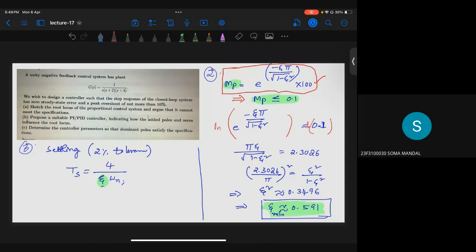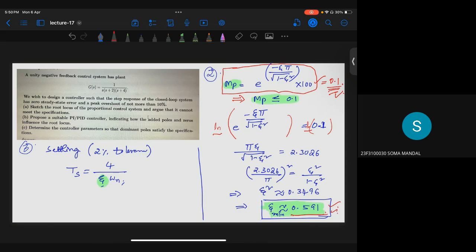So equate this to 0.1, take the natural logarithm on both sides, and find the zeta value. You got zeta as 0.591. That is the zeta minimum which will give you the overshoot of 10%. So to meet this requirement, our zeta minimum should be 0.591.